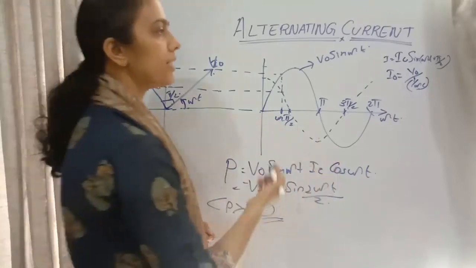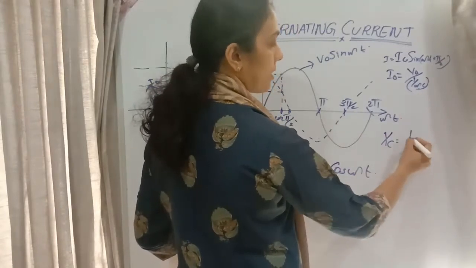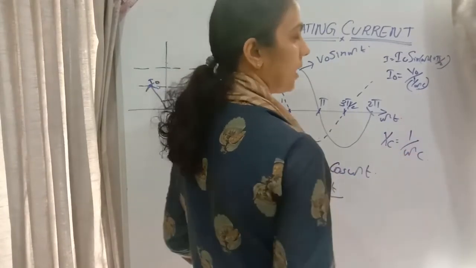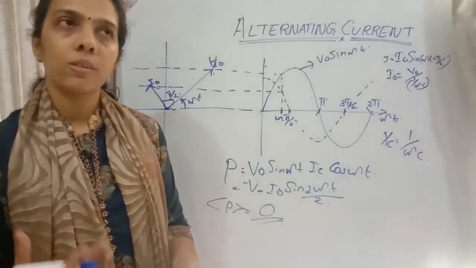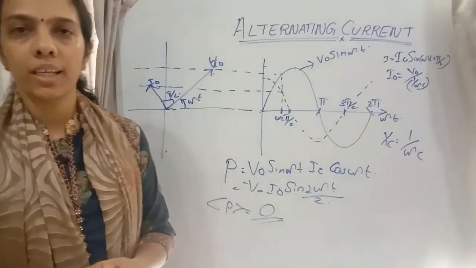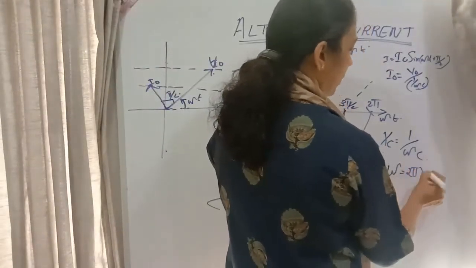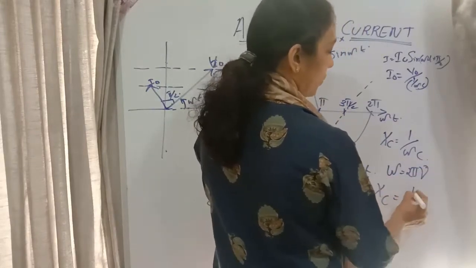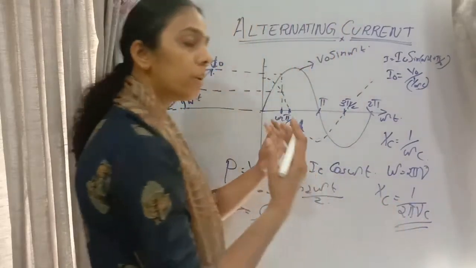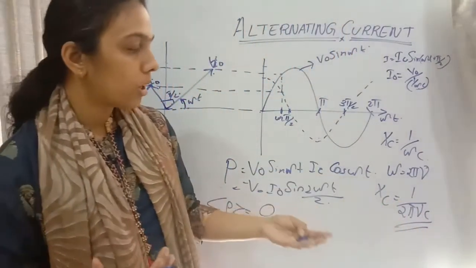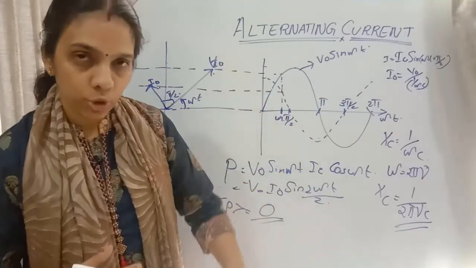Clear? Now again I am considering the reactance, the capacitive reactance, equal to 1 by omega C. What is meant by omega? Angular velocity. In terms of frequency we write omega equals 2 pi nu. Therefore Xc equals 1 by 2 pi nu C. For getting more resistance, the nu value should be reduced and the capacitor value should be reduced.